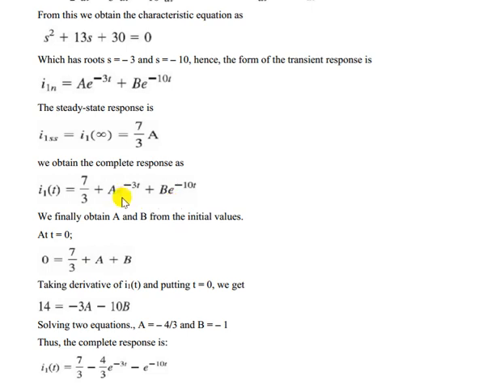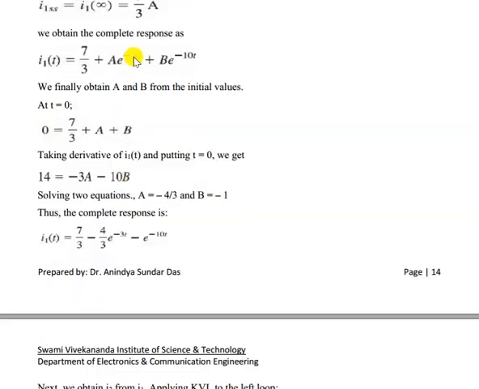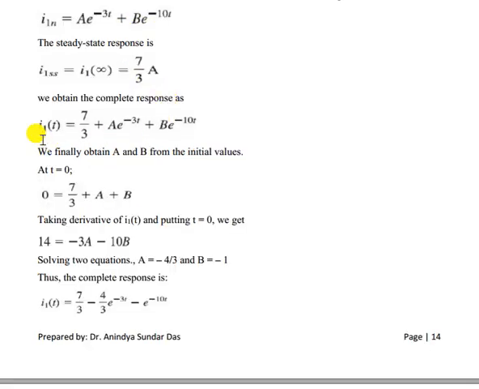Now put t equal to 0 here. So we got A plus B, and the initial value of I1(t), the inductor current, was 0, because at that time there is no voltage source. So A plus the value we got.